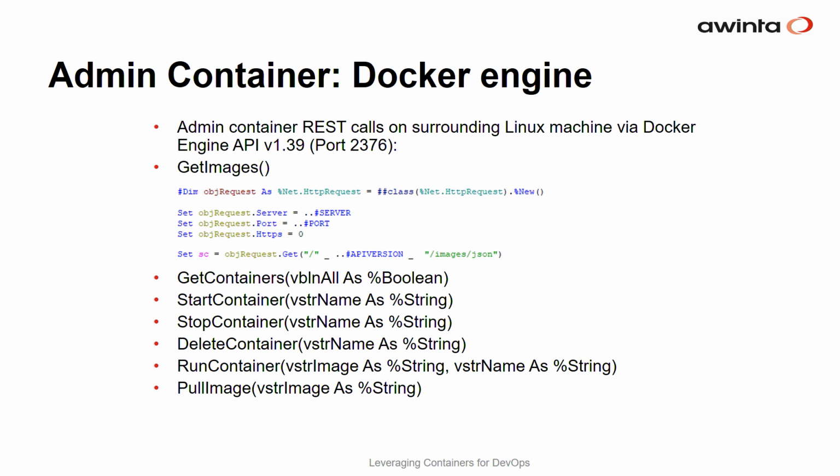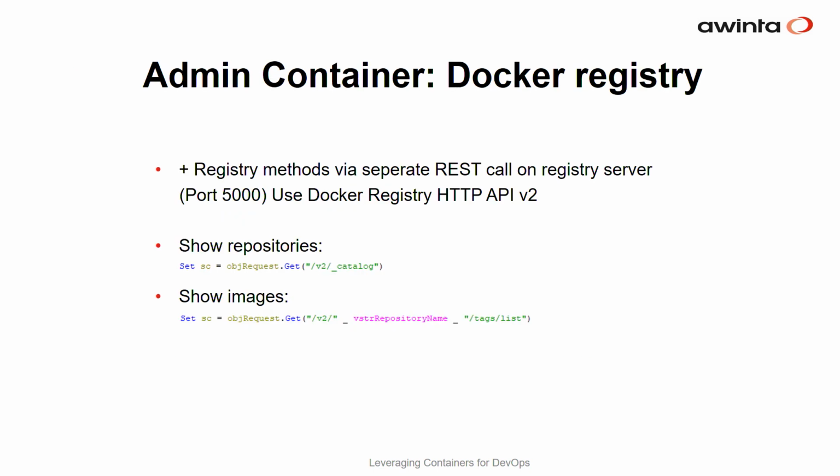But we further want to know which repositories we have in our registry and which images can be found under a certain repository, for example. This is not supported by Docker Engine API. But we have another API available that is called Docker Registry HTTP API that we can use for this reason.